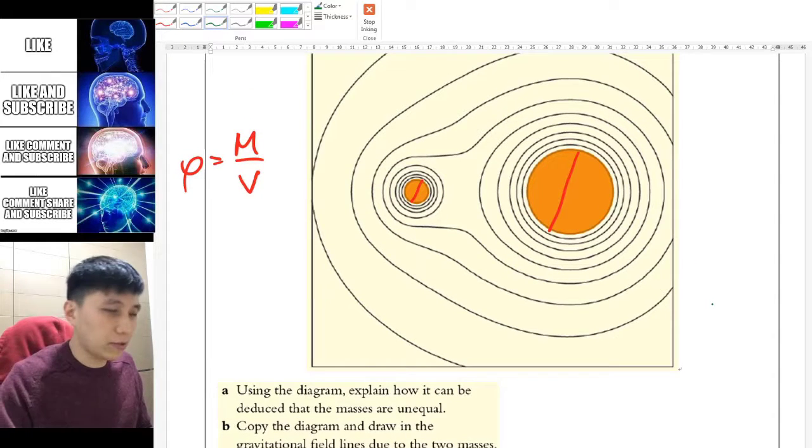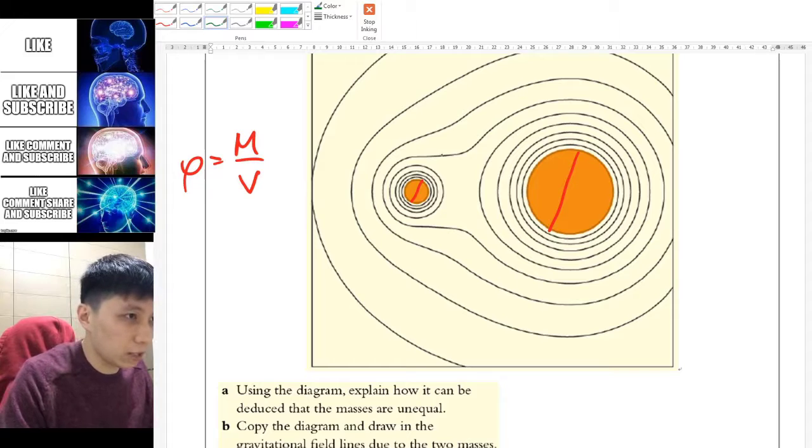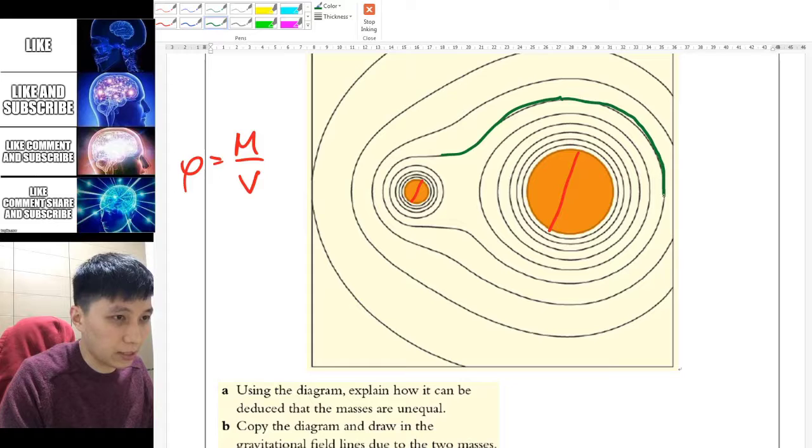So the correct way to say it, I would suggest, is to look at one of the equal potential lines. Remember, these are the lines that give you equal potential.